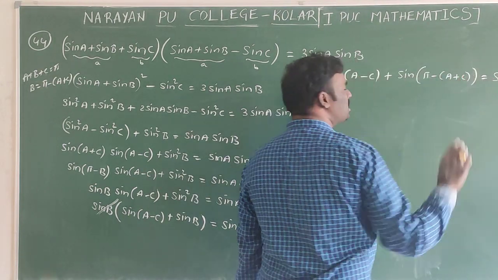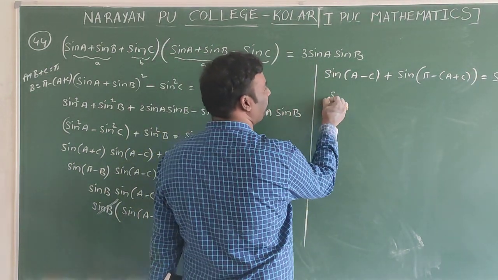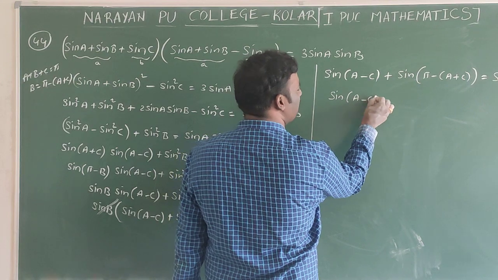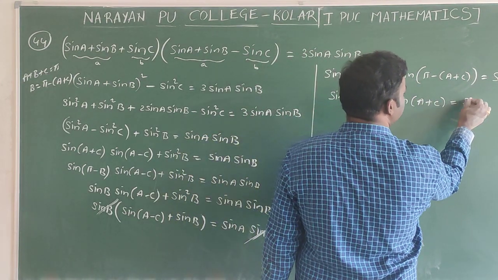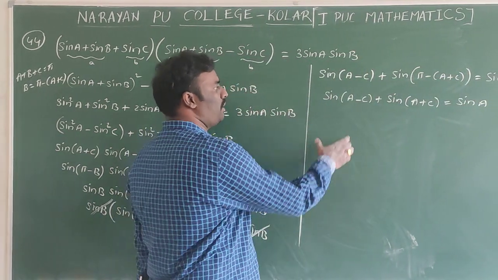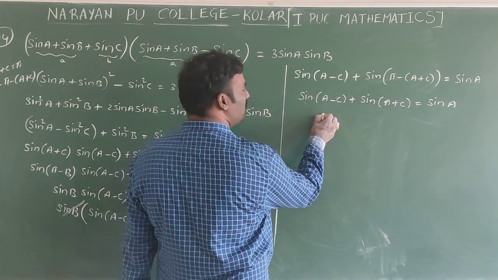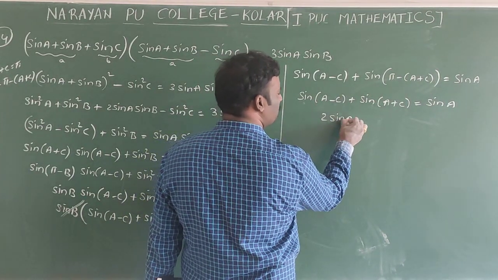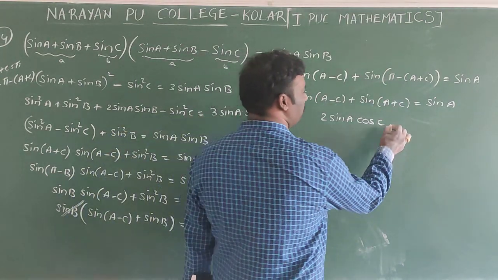That equals sin A. Pi means 180, and sin of 180 minus theta is nothing but sin theta. So sin of A minus C plus sin of A plus C is equal to sin A. This is in the form of sin of A minus B and sin of A plus B. If you add, you will get 2 sin A cos B, sorry, equals sin A. I wrote it directly.